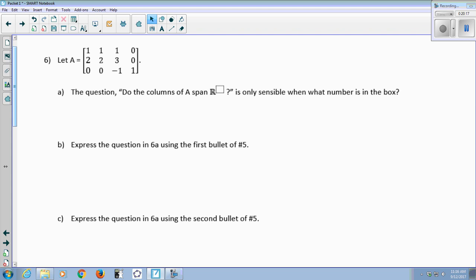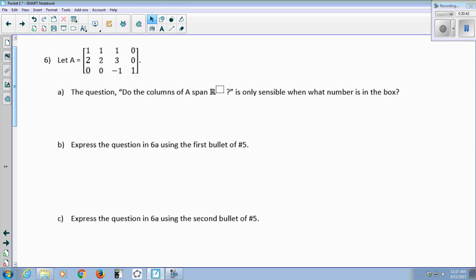Each column of A: 1, 2, 0; 1, 2, 0; 1, 3, negative 1; and 0, 0, 1. Each column is a separate thing. If I'm going to look at the span of those things, that means the set of all linear combinations. So you're going to put scalar weights on each column and add them together. Where does the result live if you take a linear combination of those 4 columns?